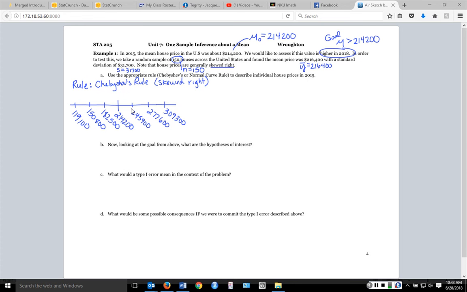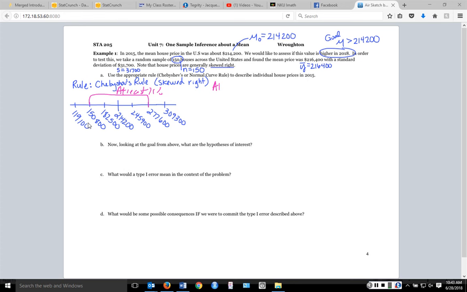And again, the math would be the same whether it was Chebyshev's rule or the empirical rule. Just how we can interpret those is different. So when we go out 2 standard deviations, from the 150 to the 277 number, this is at least 75%.